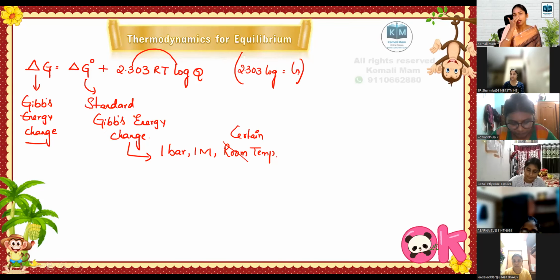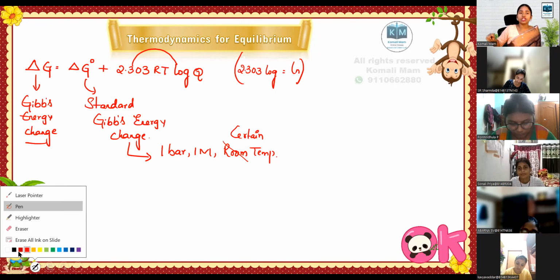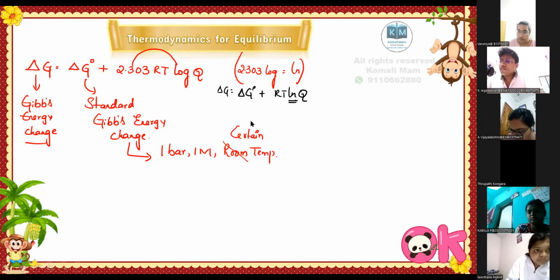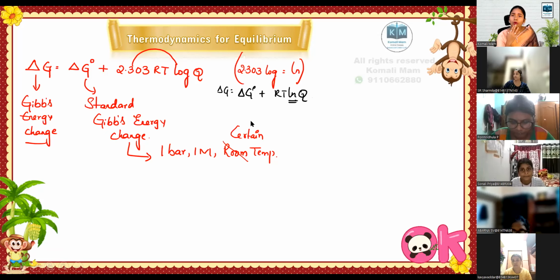So the same formula: delta G is equal to delta G naught plus RT ln Q. Can I write like this? ln is nothing but 2.303 log. Is it clear?